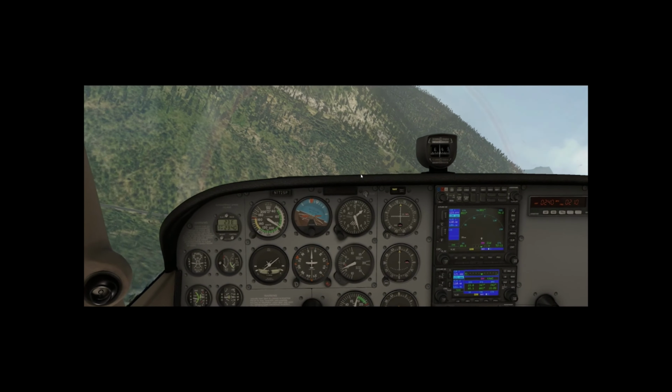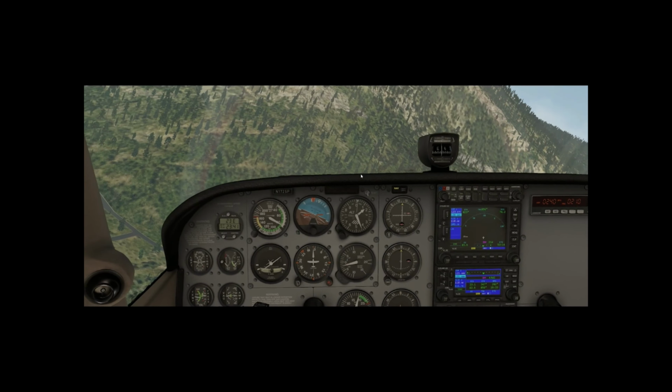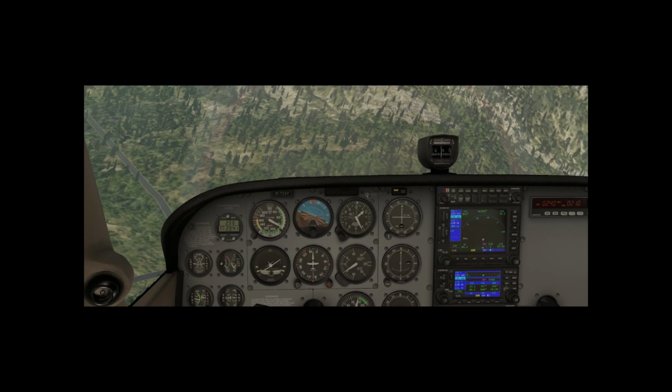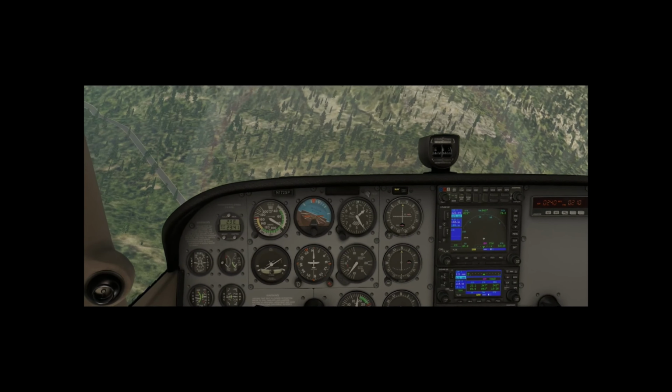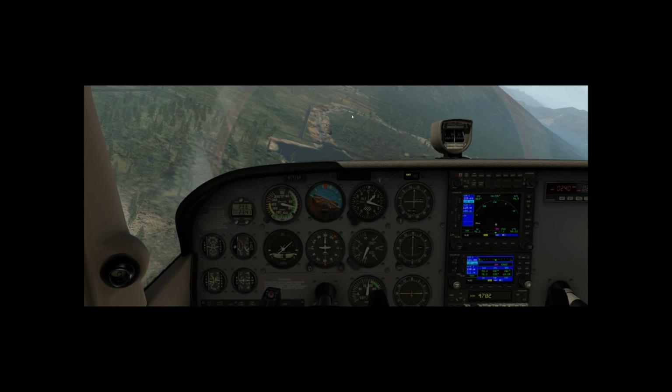That's the base leg, all right. And now we are face to face with a mountain. Now what leg are we turning to? Final, right.